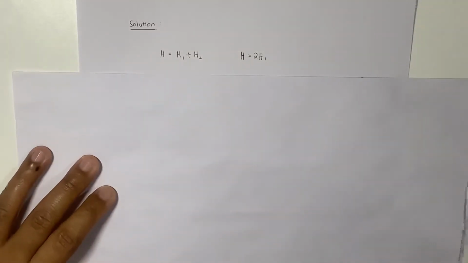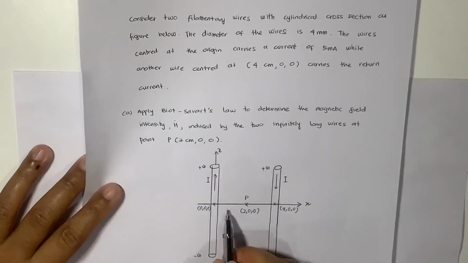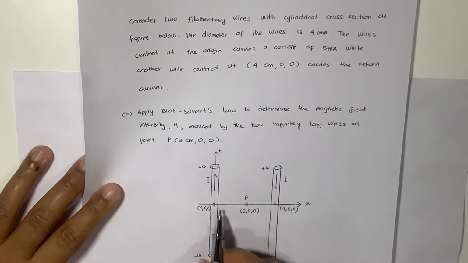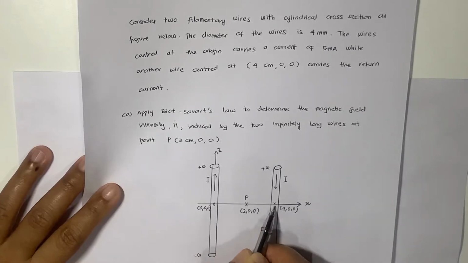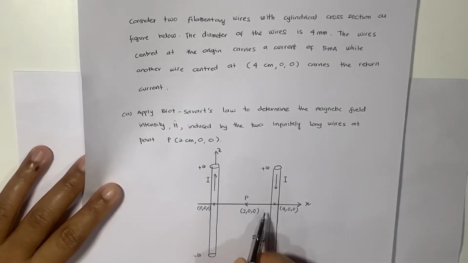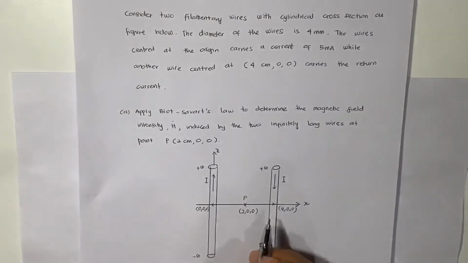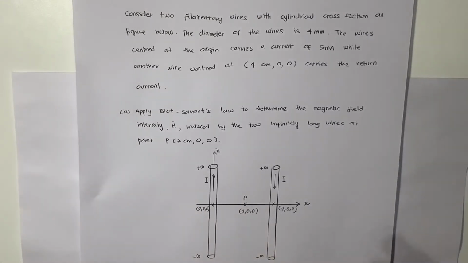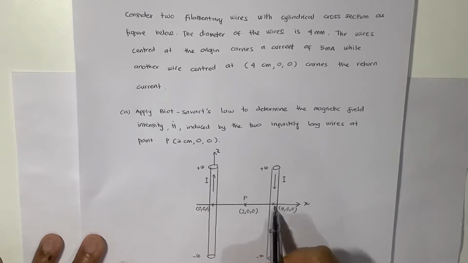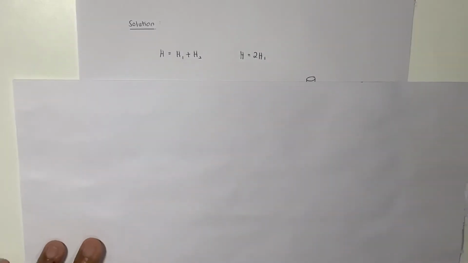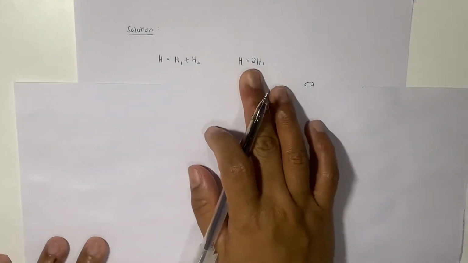From this conductor to this point is 2 centimeter, and from the other conductor to this point is also 2 centimeter. If it is not the same, you need to calculate each one separately and add them. You cannot do it like this.